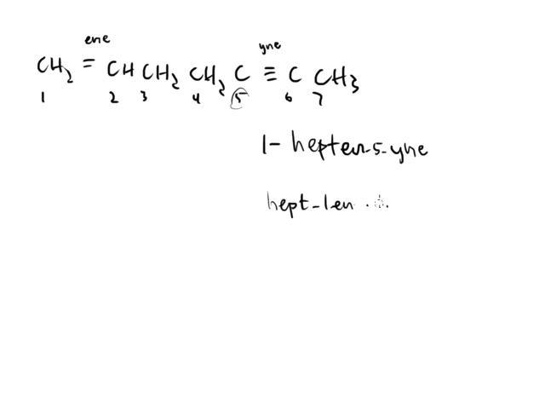But you're going to see me and probably the textbook and probably Blackboard and probably on the assignments and the test written this way: 1-hept-en-5-yne. All right, let's do another one. CH2, double bond, CH, CH, C, triple bond, C, CH3.